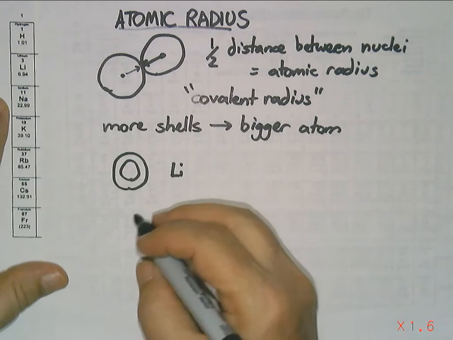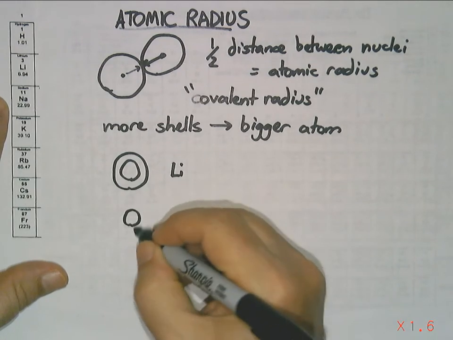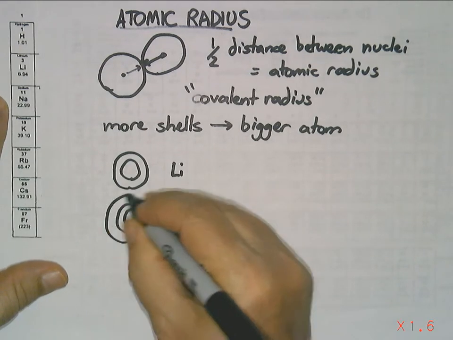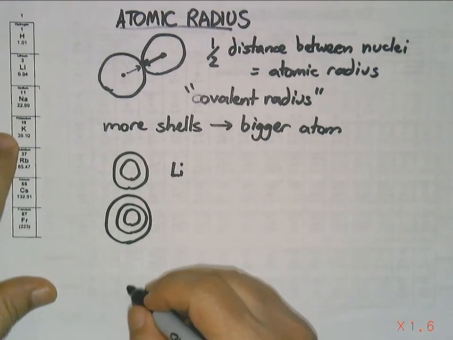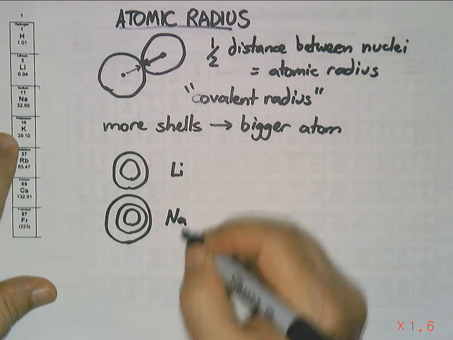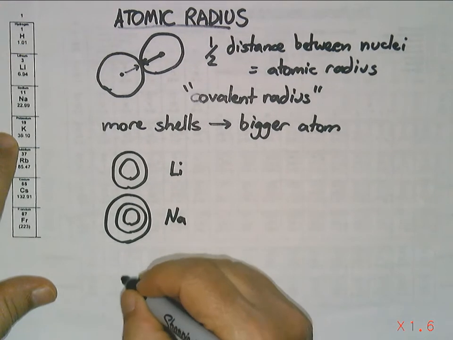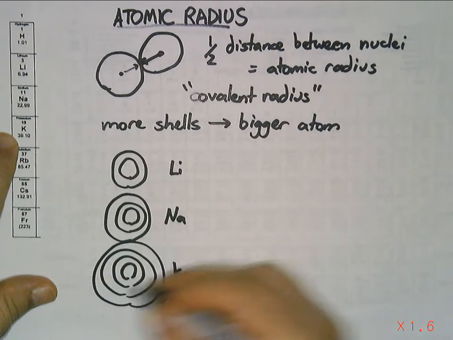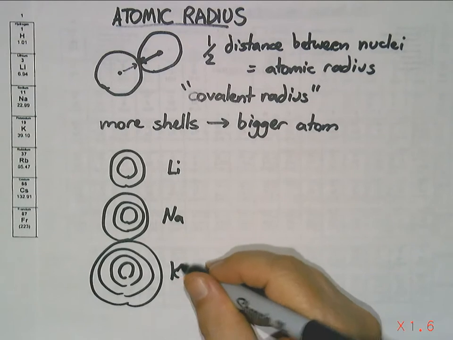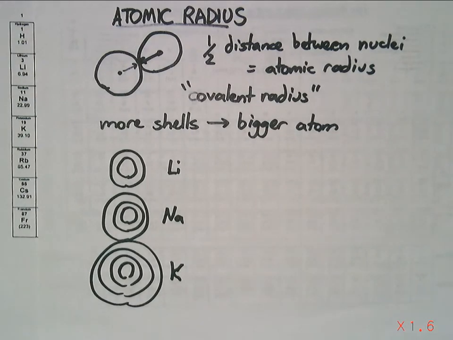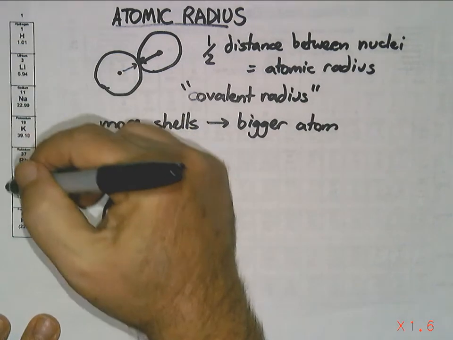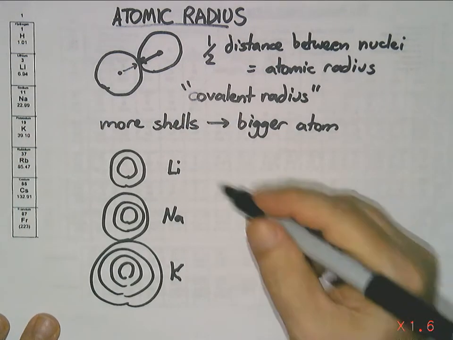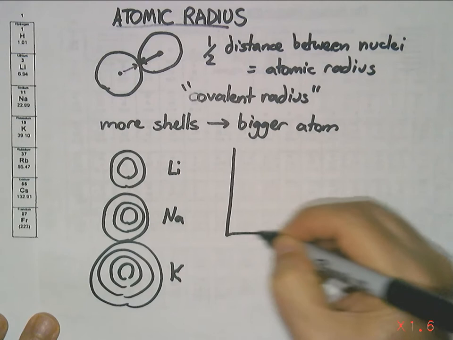And sodium is in the third row, it has 3 shells. And potassium is in the fourth row, so it has 4 shells. And it's pretty clear that the potassium is the bigger atom because it has more shells. So as you go down a column, you get bigger atoms.